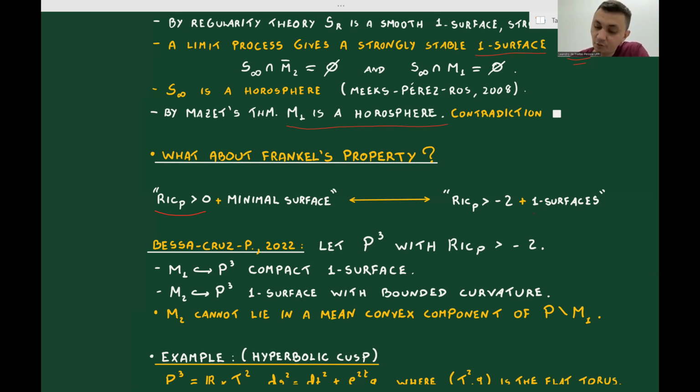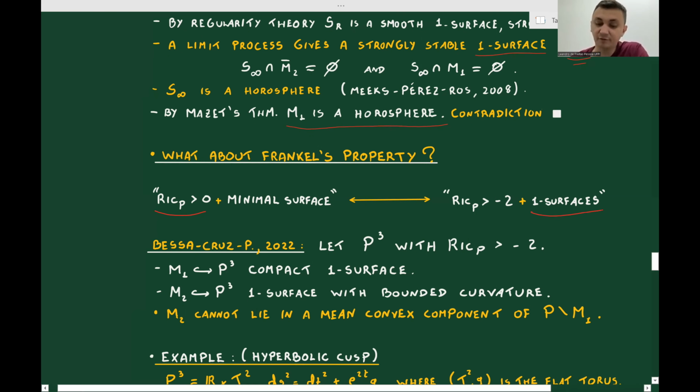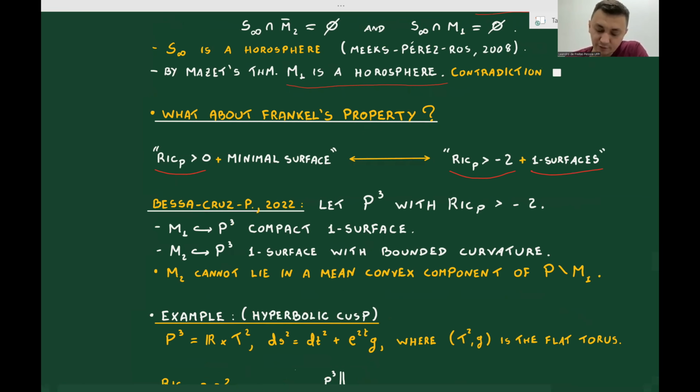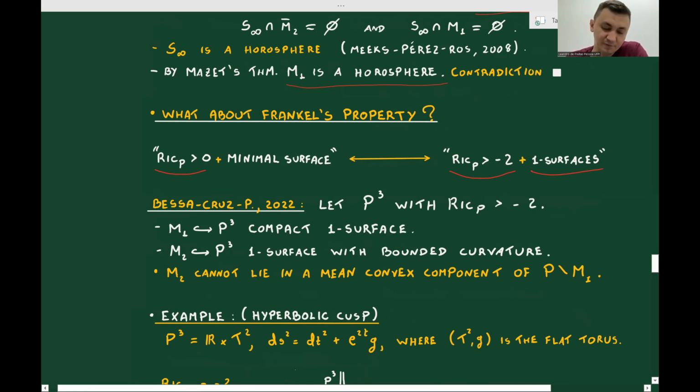Now we will consider one surfaces, and the corresponding Ricci curvature is strictly larger than -2. Here my Ricci curvature is not normalized. So in the same paper, Bessa, Cruz, and myself also consider Frankel's property in this setup.